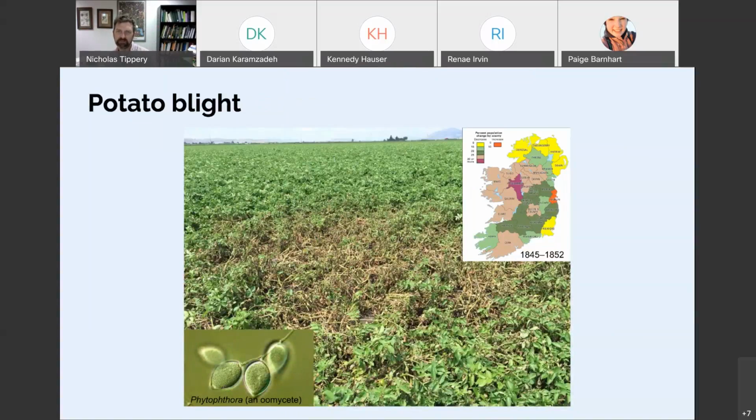Potatoes are native to South America, and they were introduced to the world when people were exploring in their ships and sailing around the world, discovering potatoes for the first time and discovering that they could be grown lots of places. And in Ireland in particular, of course, they took over as a very popular crop. So this really kind of saved Ireland from a certain amount of famine when potatoes were introduced.